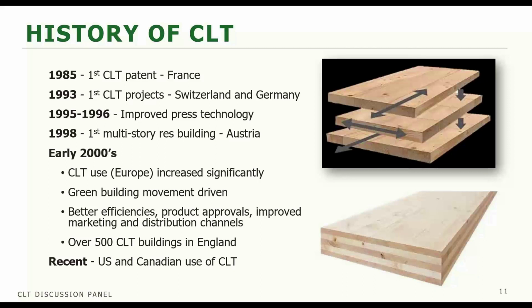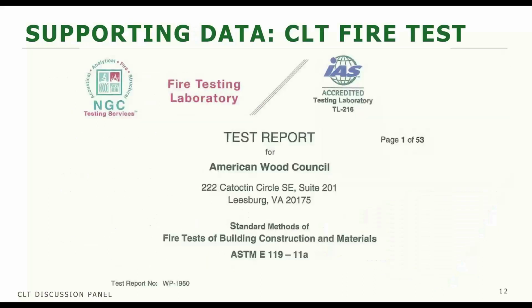In England, for example, there are over 500 CLT buildings. The United States and Canada have recently moved to adopting CLT in the last handful of years, and part of that effort has been led by the American Wood Council and Canadian Wood Councils and our partner organizations as well.